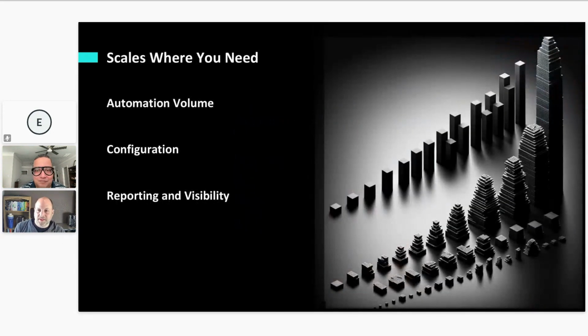Yeah, and then I think the other thing to think about is making sure you can scale whatever you're doing. It is one thing to be able to run a proof of concept or a proof of value, however you talk about it, and show that some stack of tools will work, right?